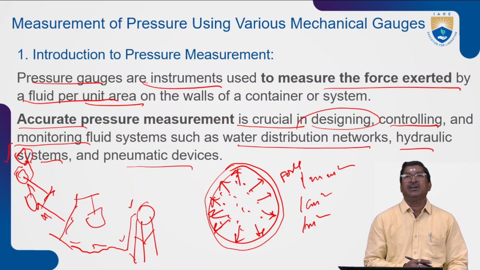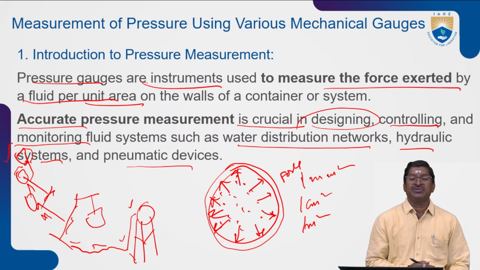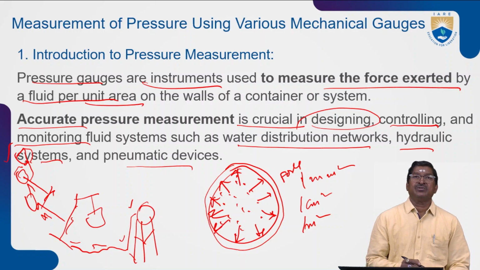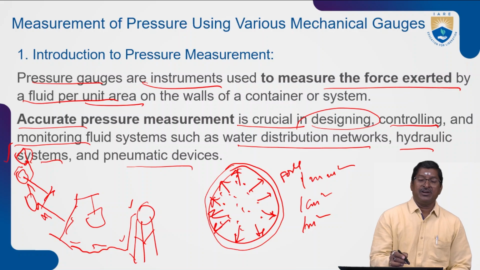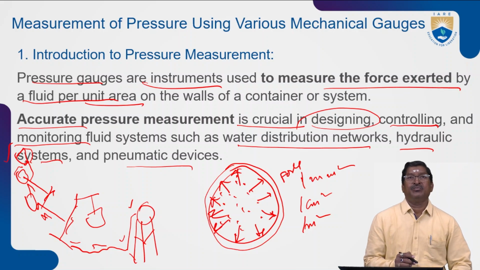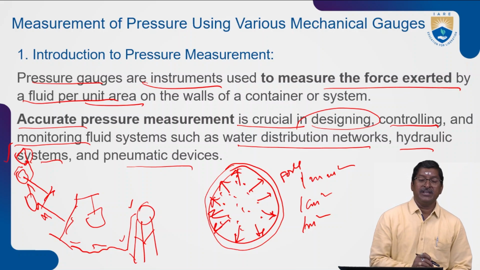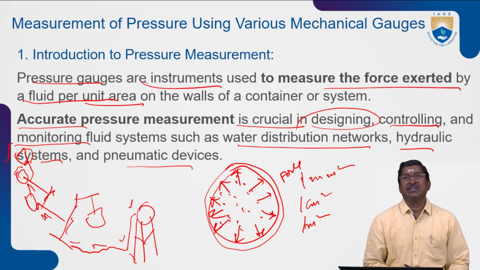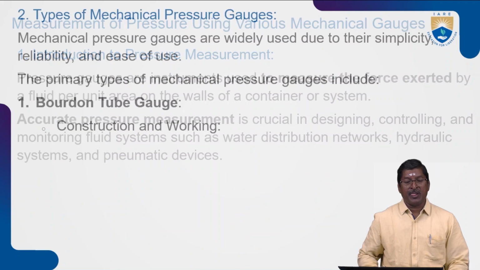That means the combination of several pipes from the tank to the domestic houses, and also hydraulic systems and pneumatic devices. All these are designed and monitored depending upon the pressure. That's why accurate measurement is very important, and with the mechanical gauge we can get accurate pressure measurement.